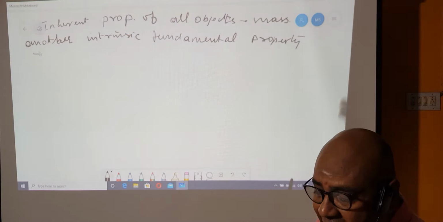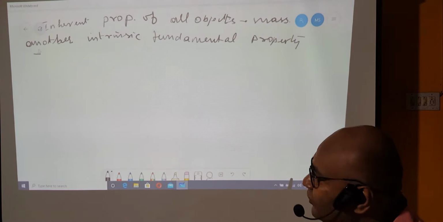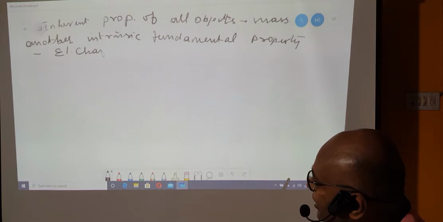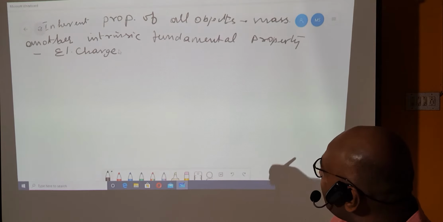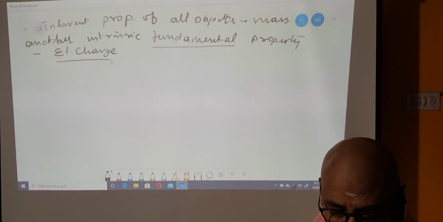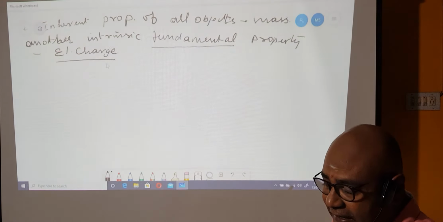The other inherent property of objects is electrical charge. What is the fundamental electrical charge?